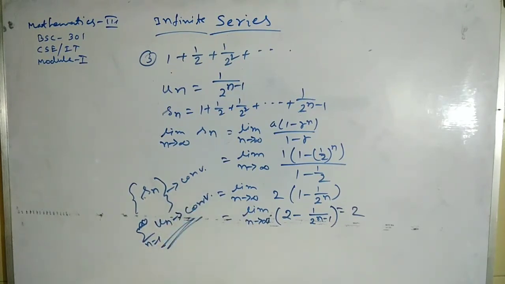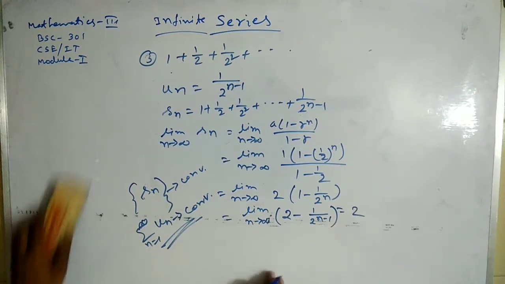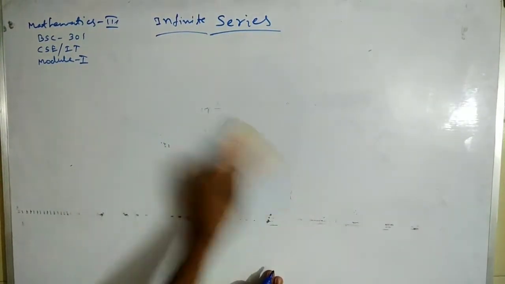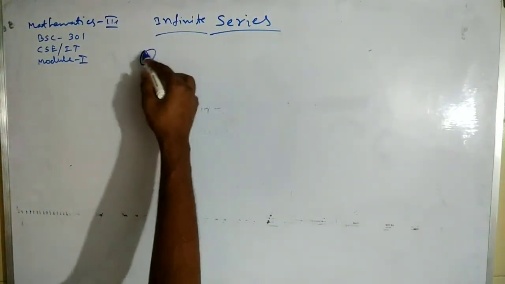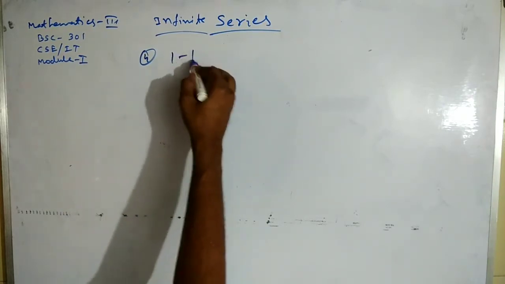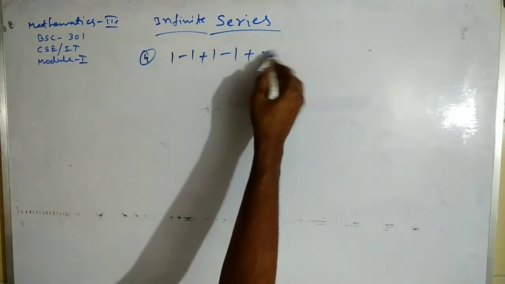Okay. Now I will give you another example. We are doing all these sums, we are checking the convergence and divergence using definition. Okay. So next is example number 4, and that is 1 minus 1 plus 1 minus 1 plus 1 dot dot dot.